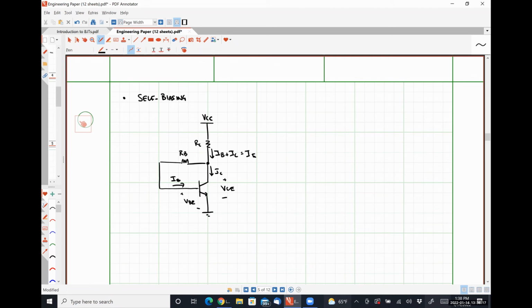So our circuit analysis here is going to be pretty straightforward. We can see VBE is equal to VCE minus RB IB.